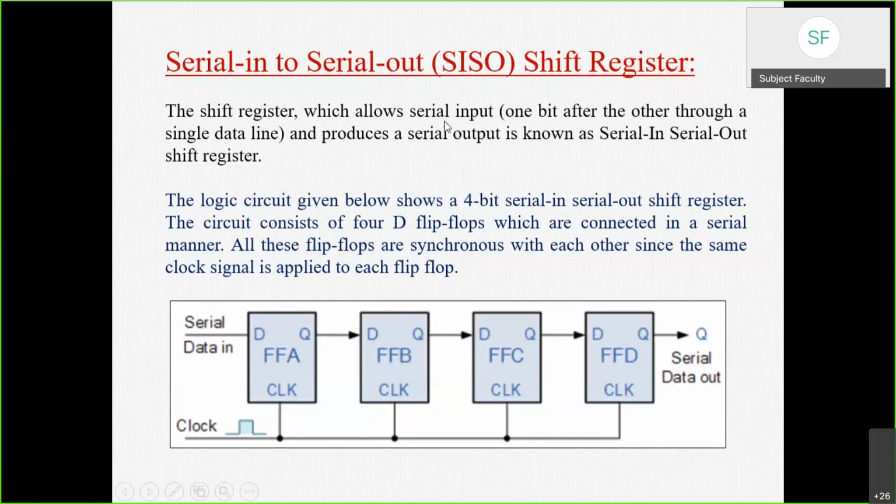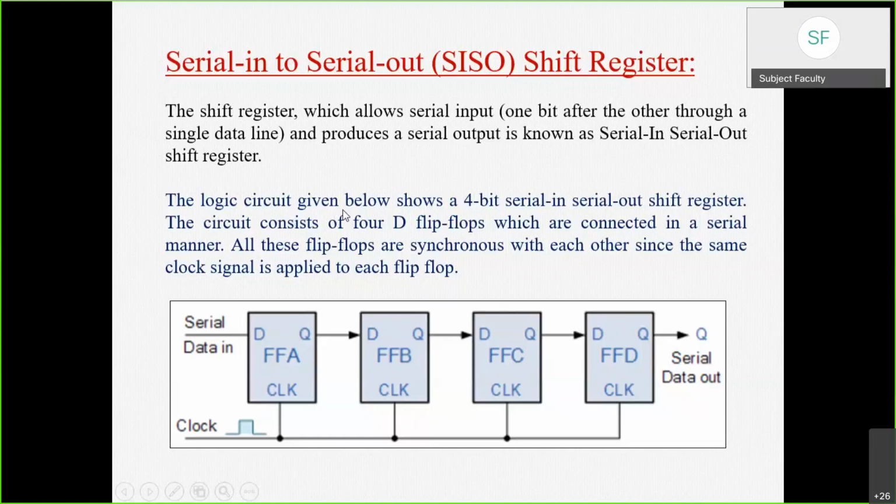Shift register which allows the serial input one bit after the other through a single data line. What do you mean by serial input, serial output? The word serial means one bit after the other. Through a single data line, and produces a serial output is known as serial in, serial out shift register.